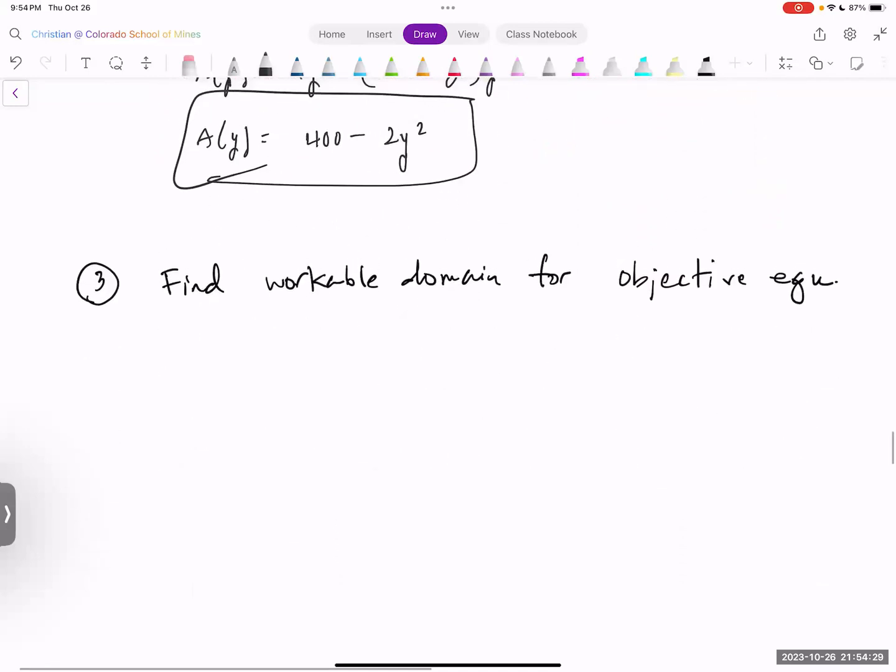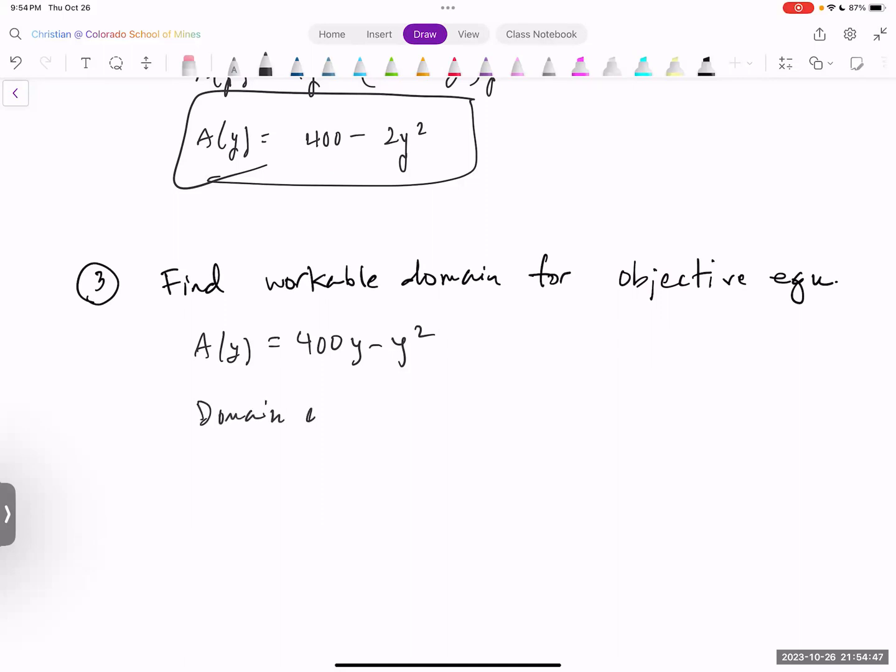Next step, now that we have our objective equation, let's find a workable domain for it. Again, we have A of Y is 400Y minus 2Y squared. Let's see, what could our domain be?